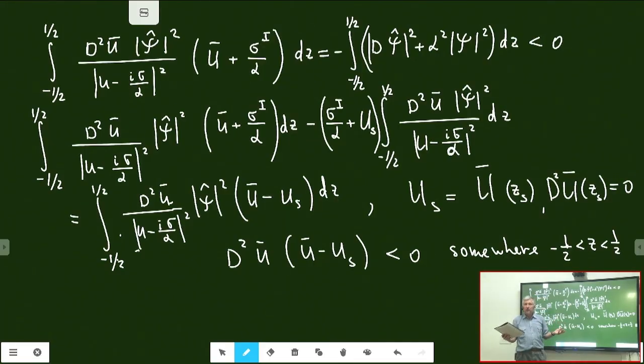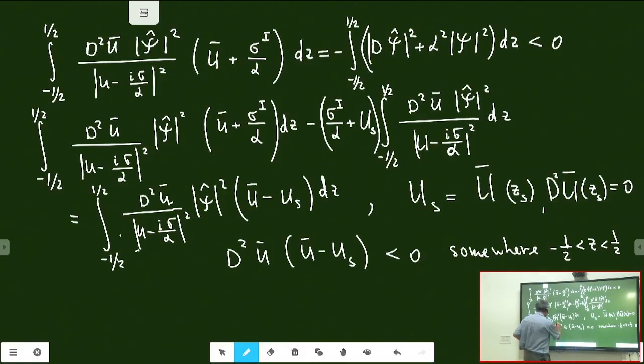Otherwise, if these two conditions are not satisfied, then we are happy because our base flow is stable. Nothing will go wrong with it. We will be able to see that. It's only these two conditions that we need to keep checking, because they might tell us that something bad is happening with the base flow. All right.